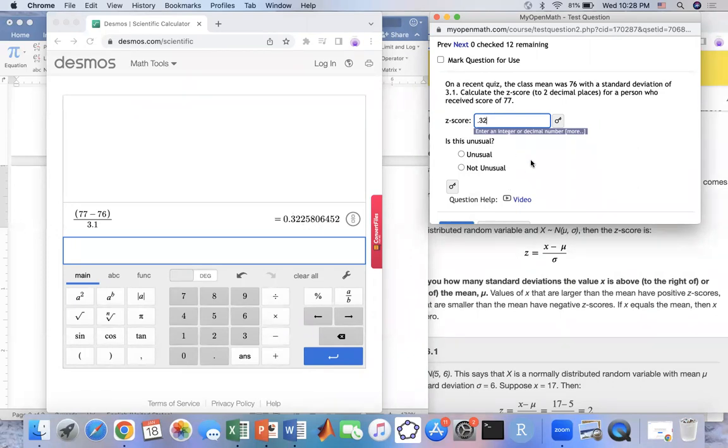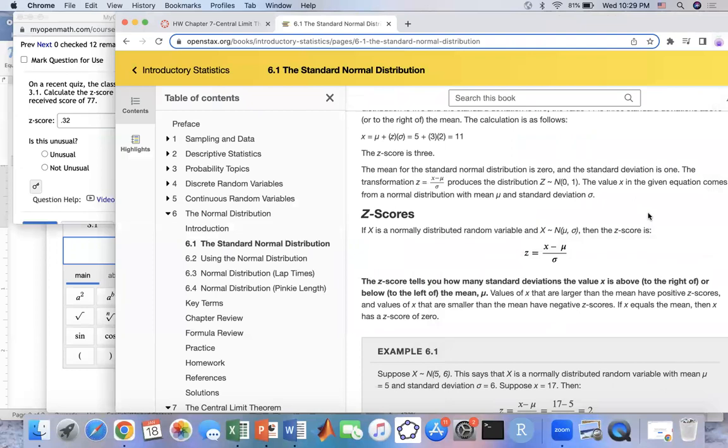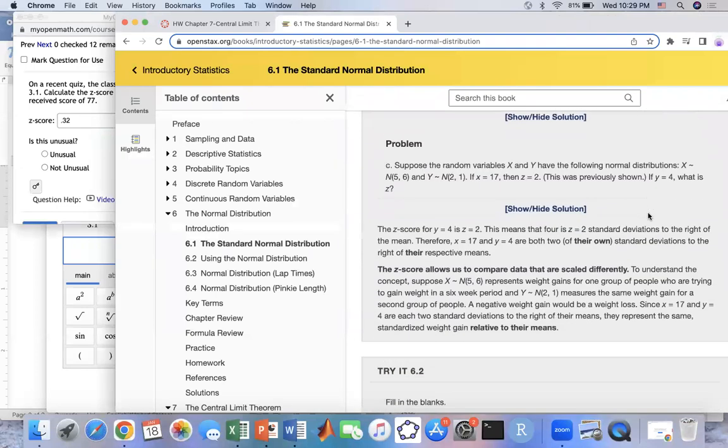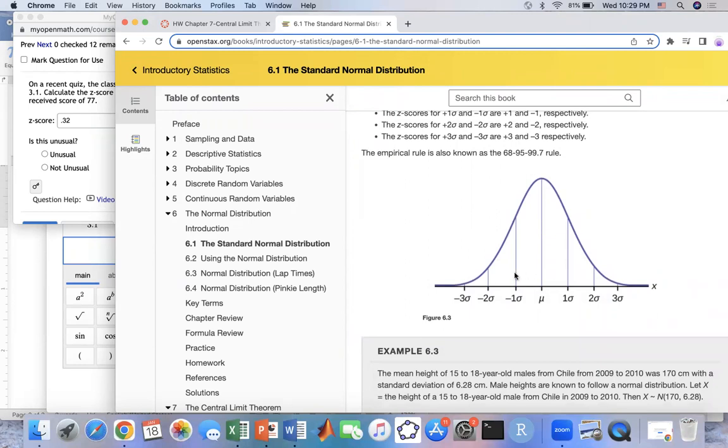Now they ask, is the data usual or unusual? So we're going to take a look at usual and unusual. So before, we talked about the rule of thumb, the empirical rule, about the standard deviation. So within 1, up 1 or down 1 z-score, that would be 68%, and 2, that would be 95%.